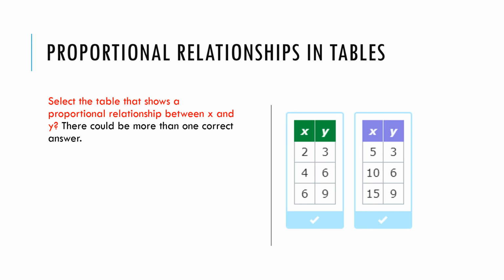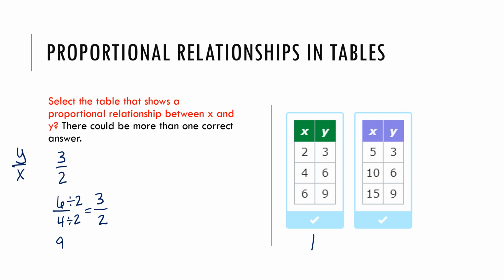So we're doing y over x, and in table 1, our first y value is 3 over 2. In our second one, we have 6 over 4. 6/4 can be simplified by dividing by 2. 6 divided by 2 is 3, and 4 divided by 2 is 2.